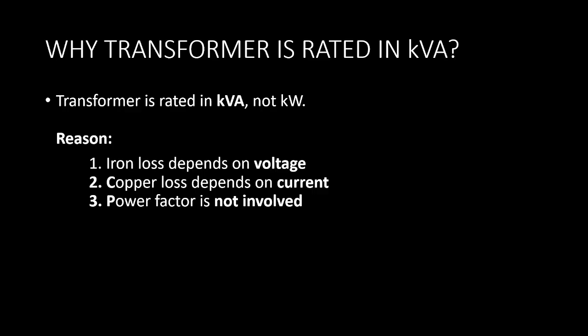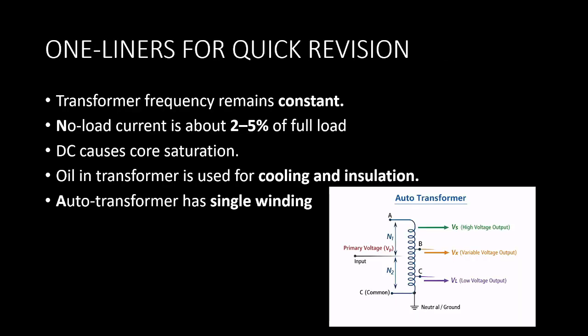Now if I'll say what we studied so far: the transformer frequency remains constant. Second point, no load current is about 2 to 5% of full load. DC causes core saturation, or if you connect DC, then transformer may burn out, as I said earlier.